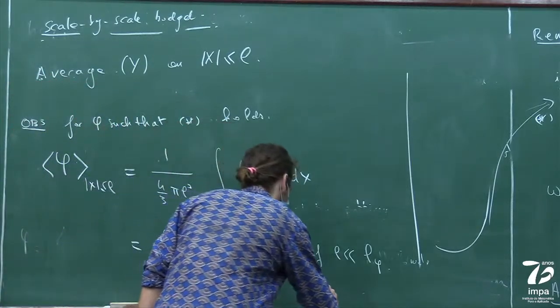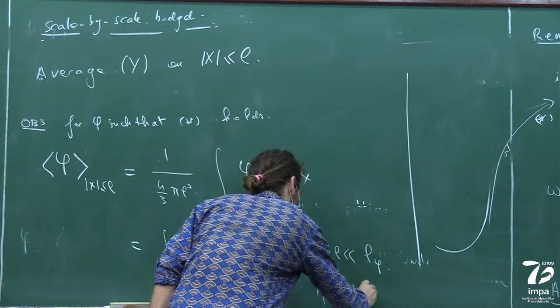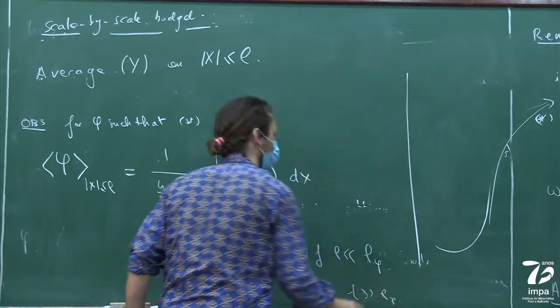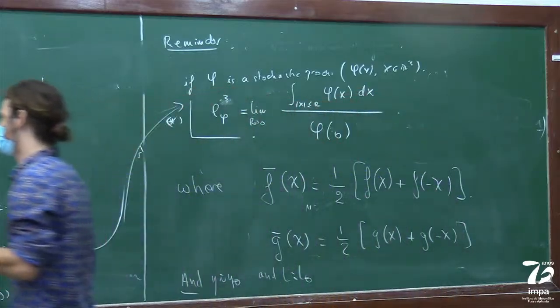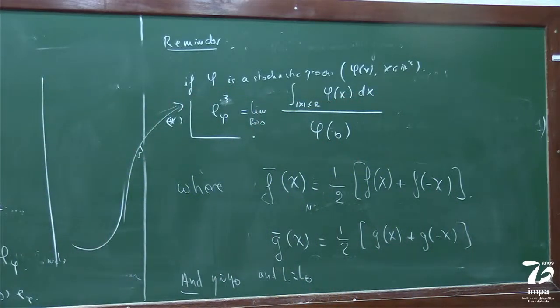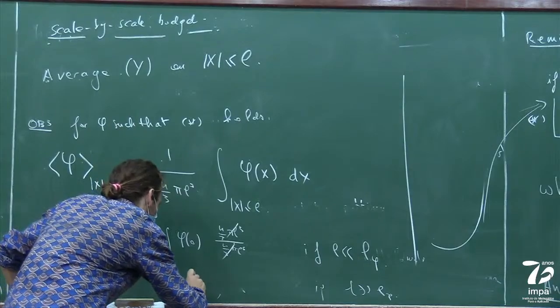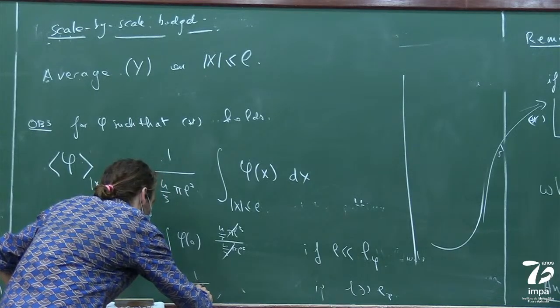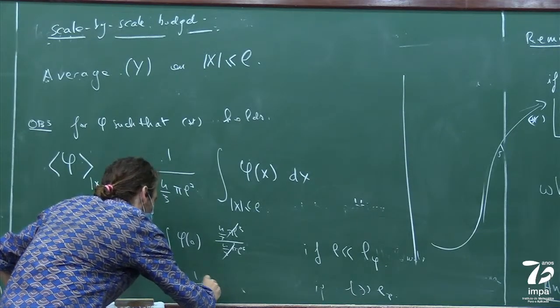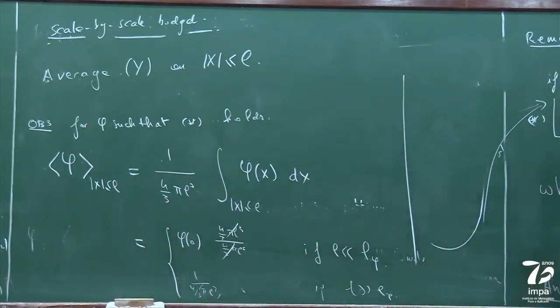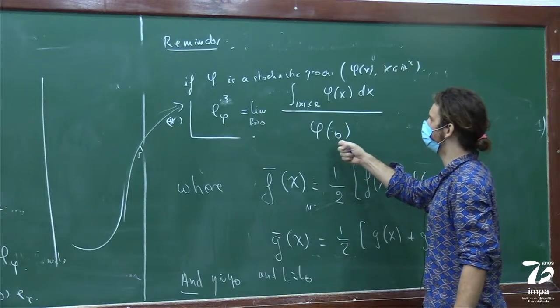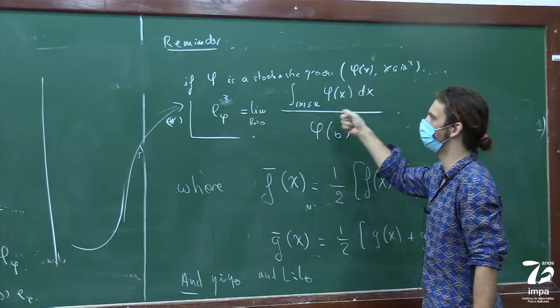On the contrary, if L is very large with respect to the correlation length, then we keep this guy here, and this guy will converge towards the limiting value.